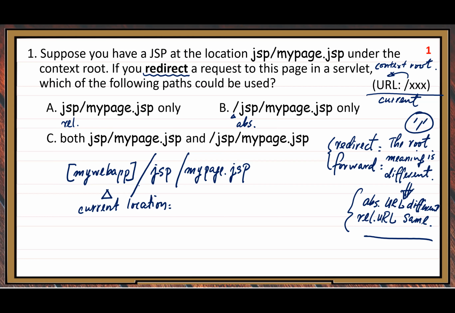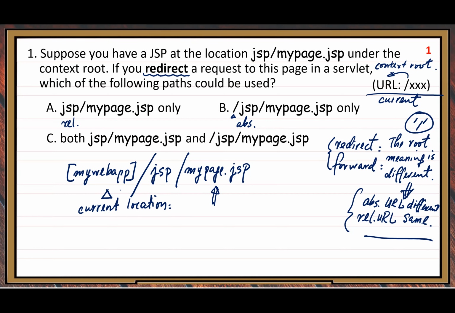From the current location, we want to access here. How to get there?